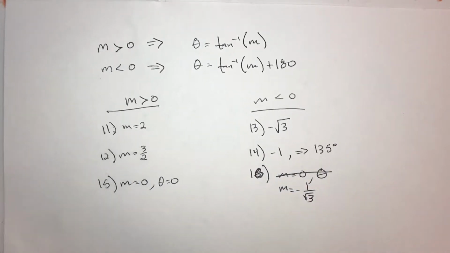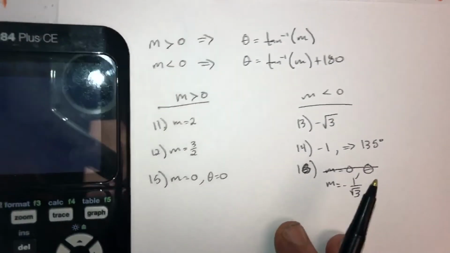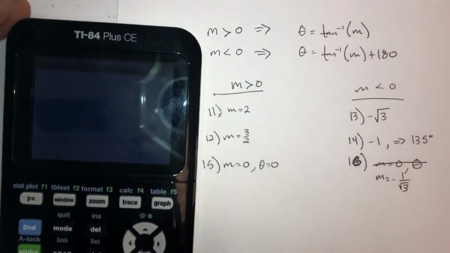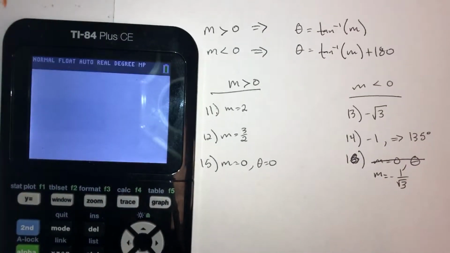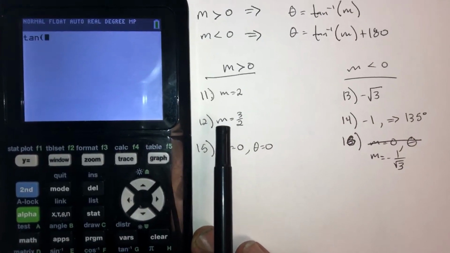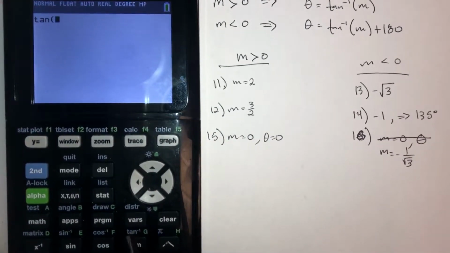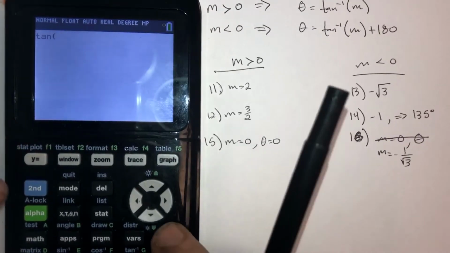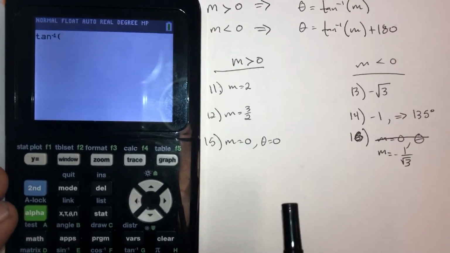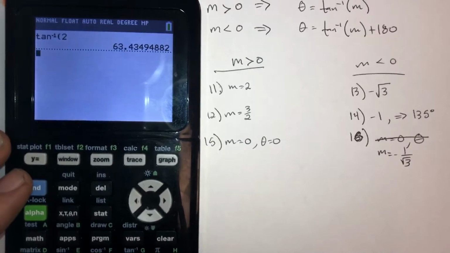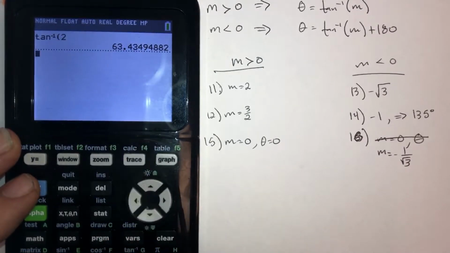All right, so let's plug these in. So for m greater than 0, I'm going to use the formula tangent inverse. Remember, tangent inverse is the button I get when I push the second button before I push tangent. You can see it right there. So tangent inverse of 2 is 63.435.